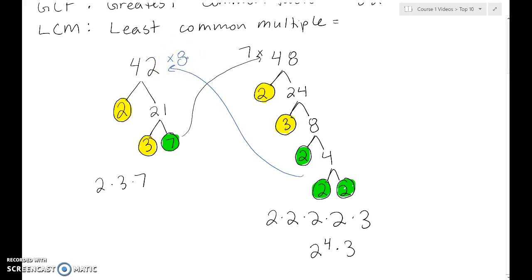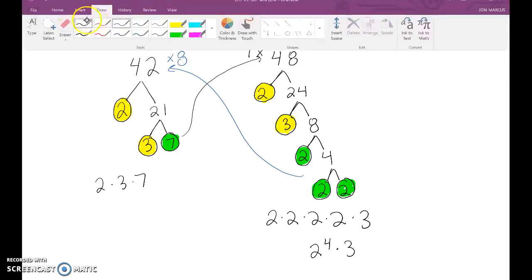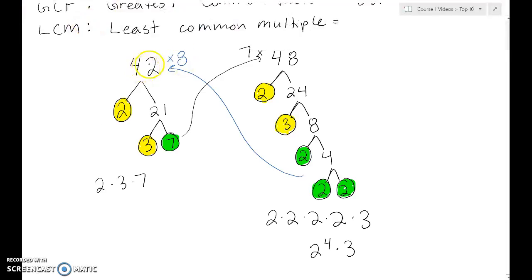Something really cool happens: we end up with the same multiple. That's 8 42s. 2 times 8 is 16, and 8 times 40 is 320. So 8 42s is 336.